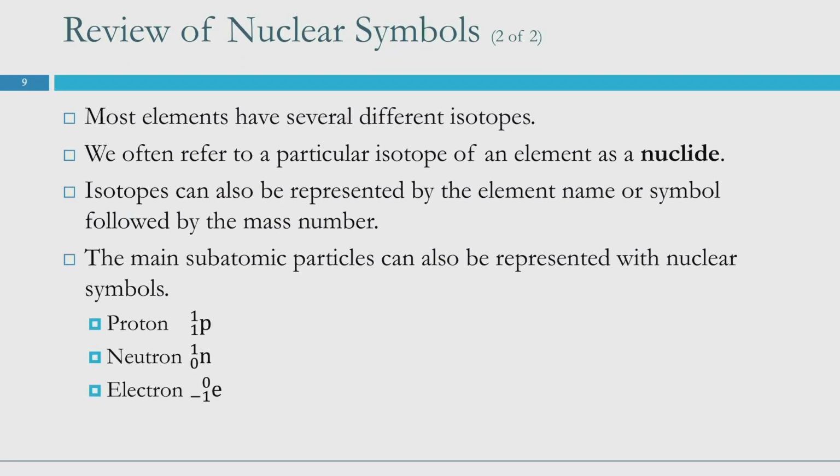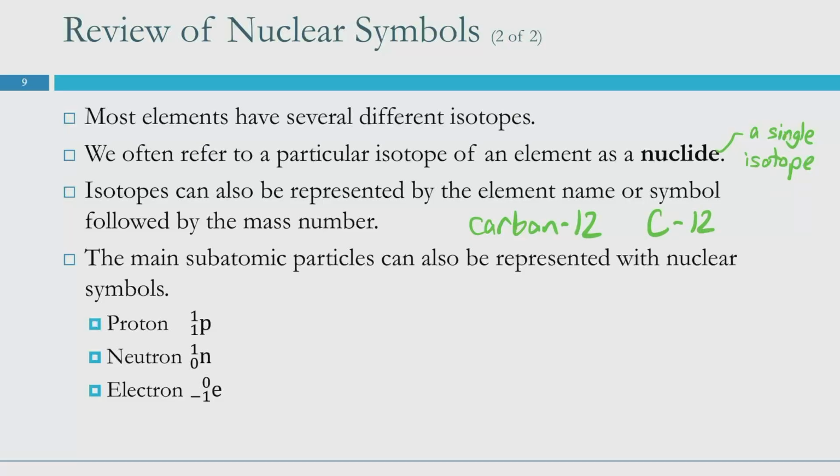Most elements have several isotopes. We refer to a particular isotope as a nuclide. So a nuclide is a single isotope. And we could represent that by listing the element name or symbol followed by the mass number.